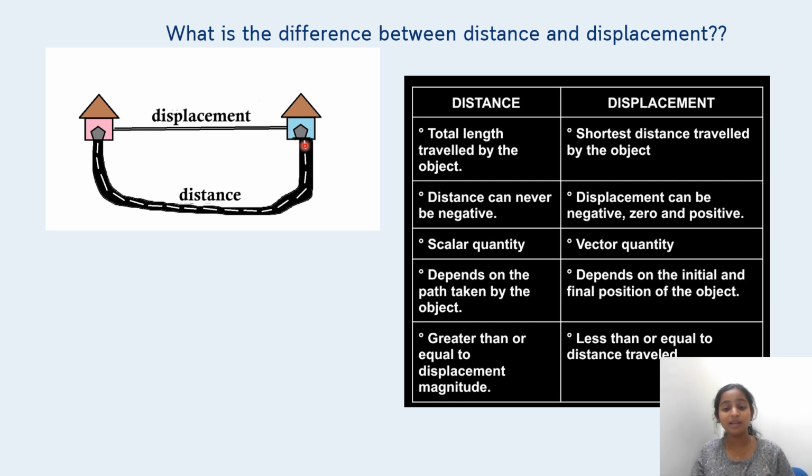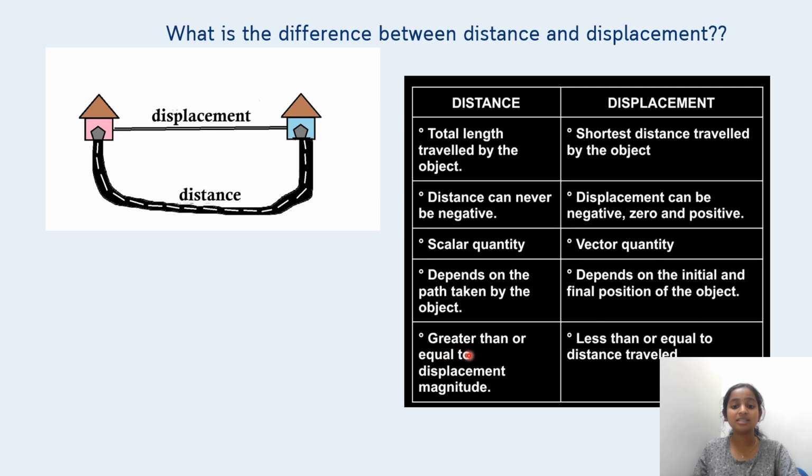But displacement depends on the initial and final position. My initial position is here and my final position is here. So displacement depends only on this position and the shortest distance that can be traveled to reach from one position to the other. So it depends on the initial and final position of the object.